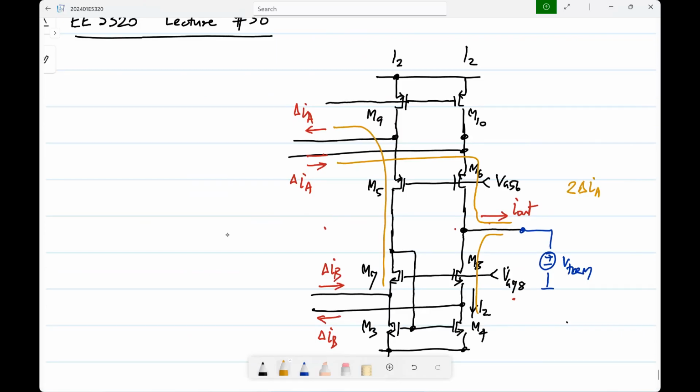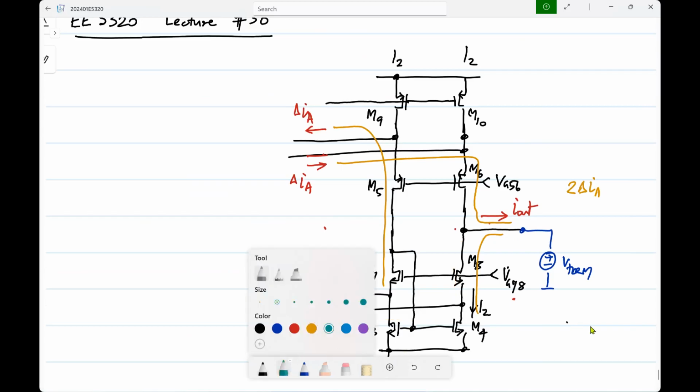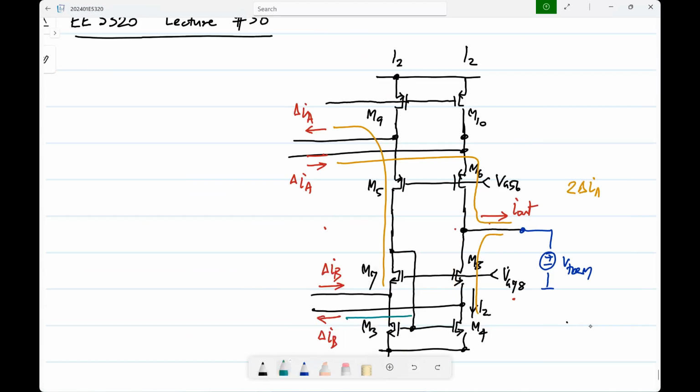And here, what happens to this? This is straightforward. This goes out. It goes out like that. What happens to the other one? Where does this flow?